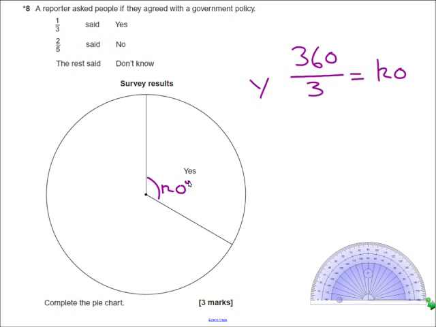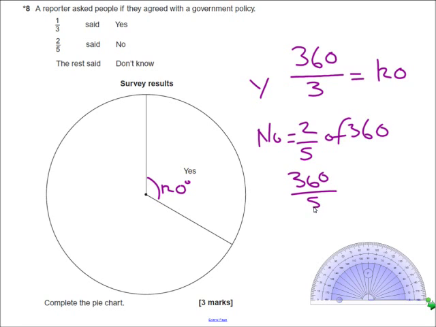What we're being asked to do is to plot the other 2. Now really in effect it's asking us to plot one angle because whatever is left will be the don't knows. So let's have a look at the nos. So if we look at the nos, we have 2/5 of 360. Now when we do fractions of an amount, the quickest way to do it is 360 divided by 5 first.